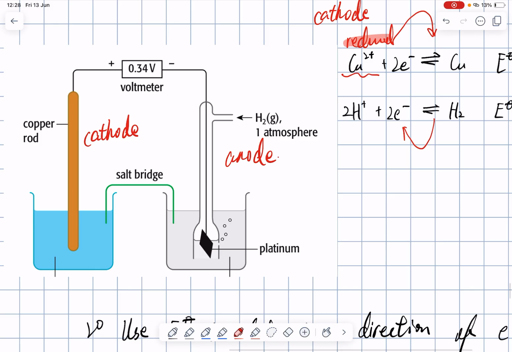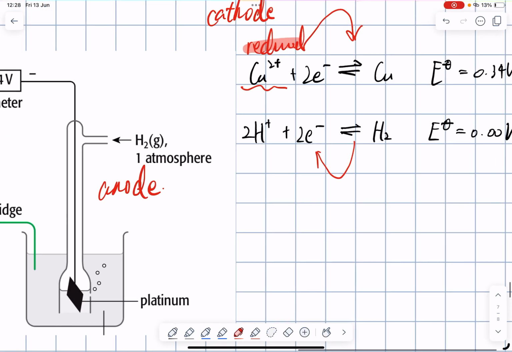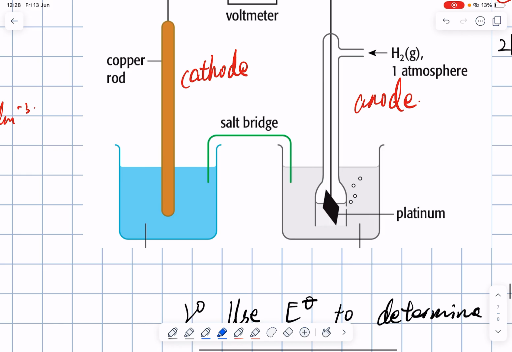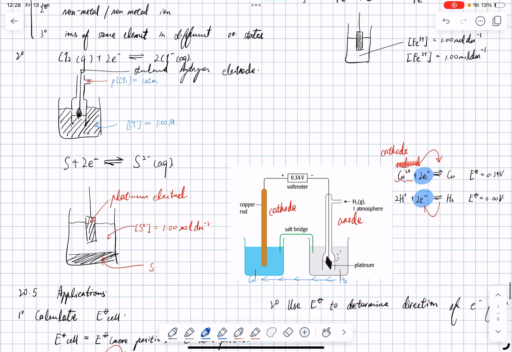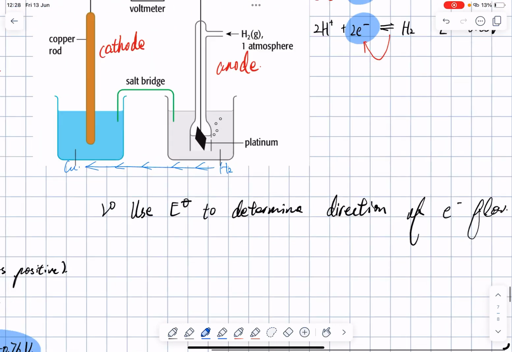You can see here, copper is where the electrons are accepted, and hydrogen is where the electrons are donated. So the electron flow looks like this, from hydrogen to copper. That's easy, right?